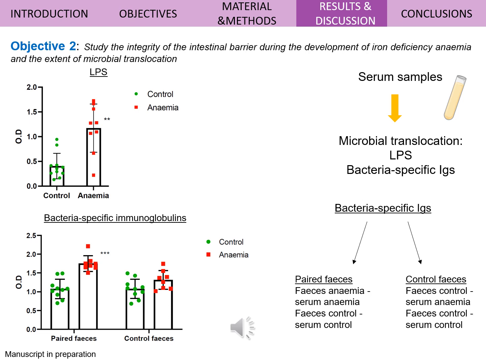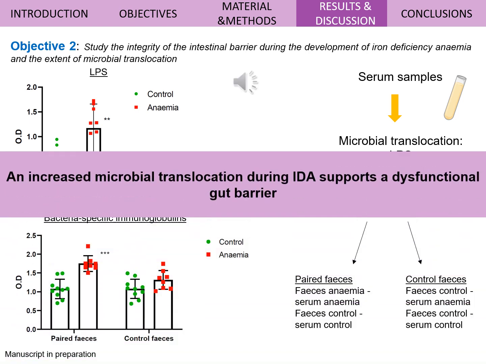This indicates that the increased autologous immune response that we observed in the first case is being produced against bacteria that are only present in the feces of anemic animals and not the feces of the control animals. And these bacteria are very likely to be translocated. All in all, results from microbial translocation support a dysfunctional gut barrier during IDA.